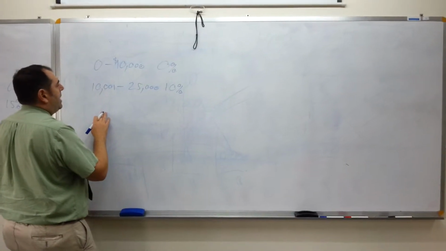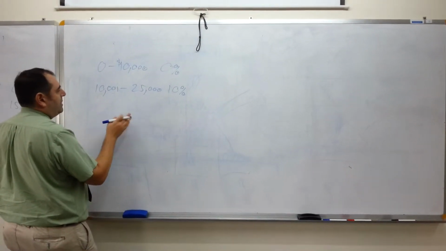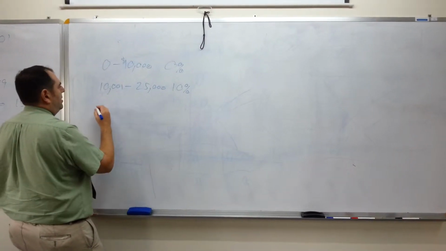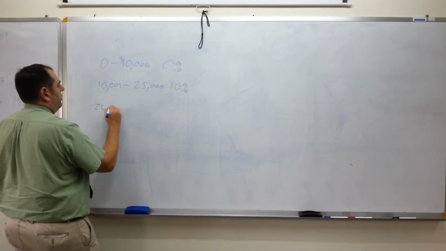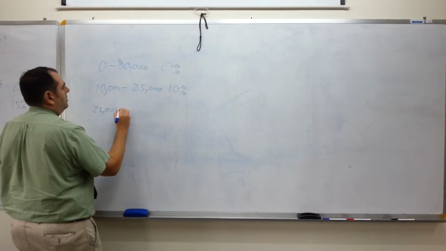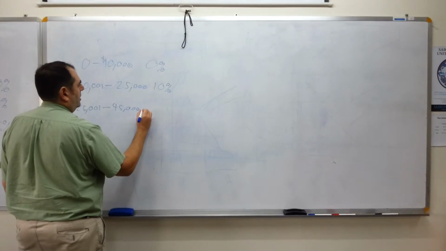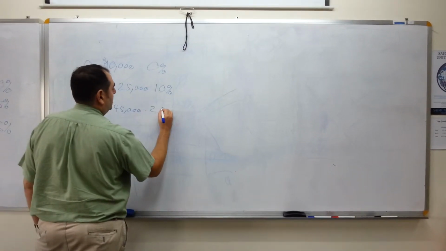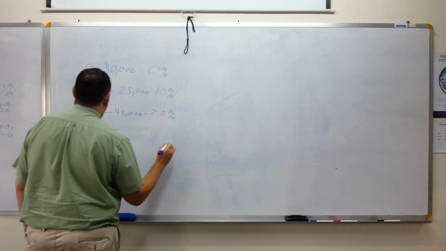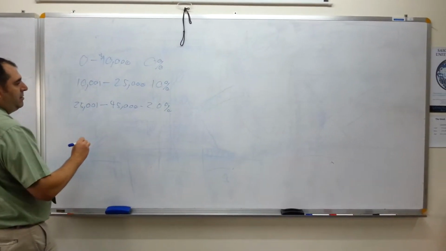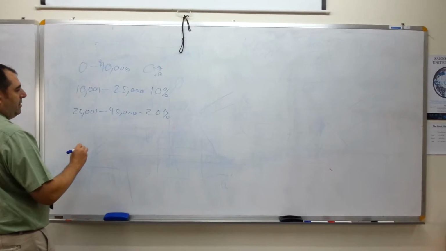All right, and then the next $20,000. So that's 25,001 to 45,000 is going to be taxed at 20%. All right, and then we will say the next $50,000.